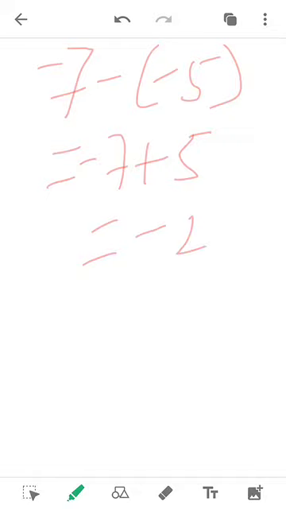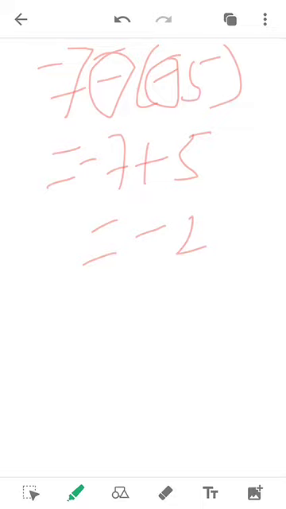As we know, subtraction with signs minus and minus, we did not get the difference. We did not get the difference.